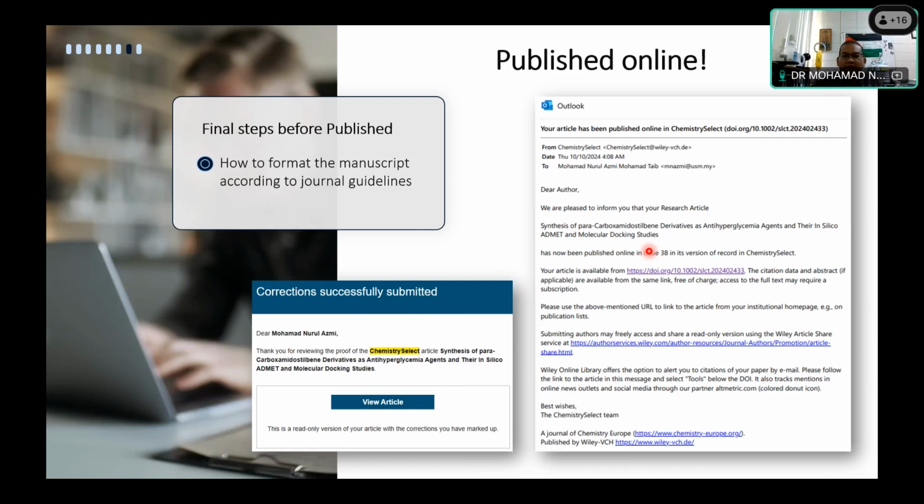Okay, so when we receive and all the corrections have been made, the next email will come out. It's like this: your article has been published online in Chemistry Select with a DOI number. A DOI number is a kind of birth certificate number for your articles.